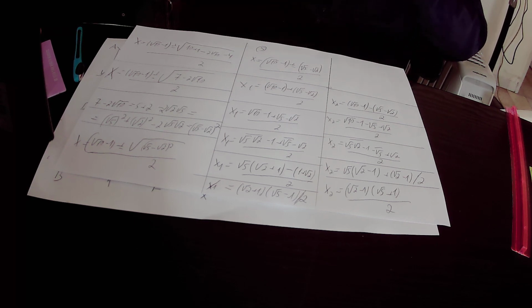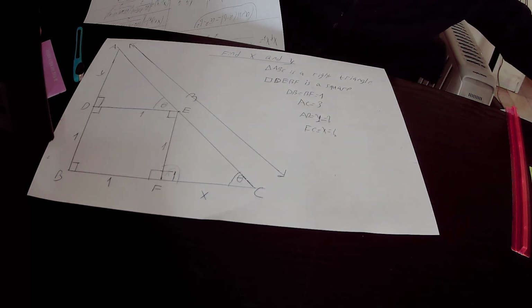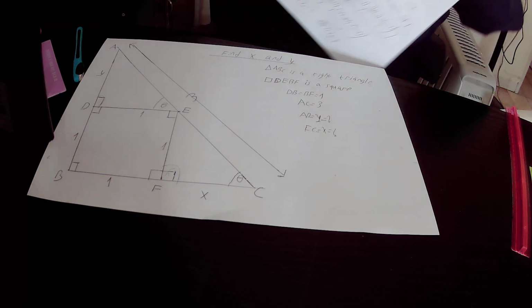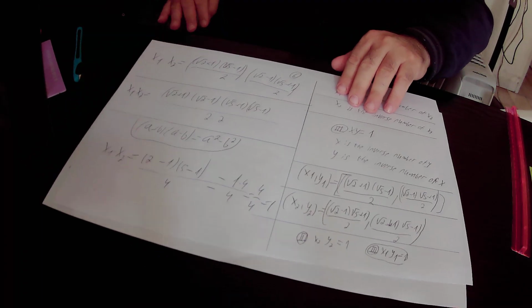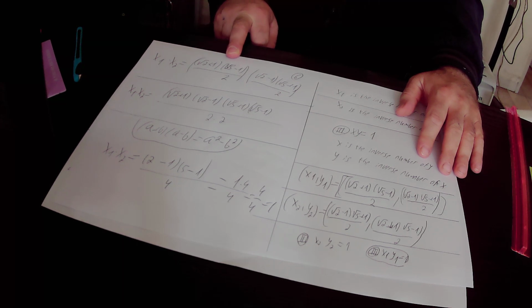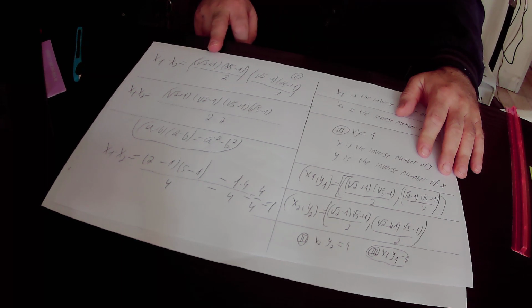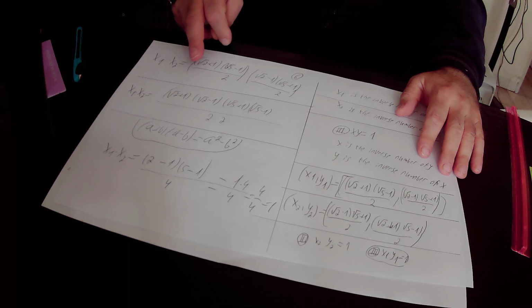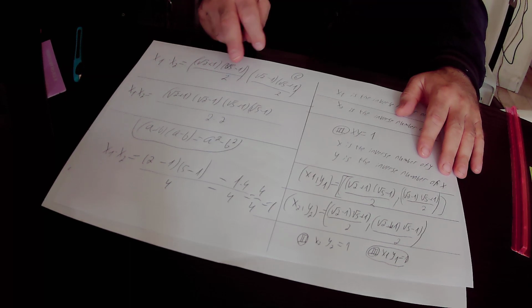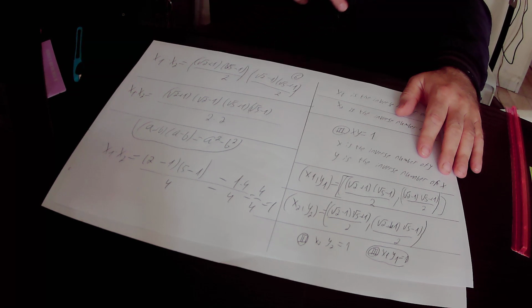Then we multiplied x1 by x2, and we got that x2 times x1 equals 1. x1 is this expression, x2 is this expression, so the product is (√2 + 1)(√2 − 1) times (√5 + 1)(√5 − 1), all divided by 2 times 2.